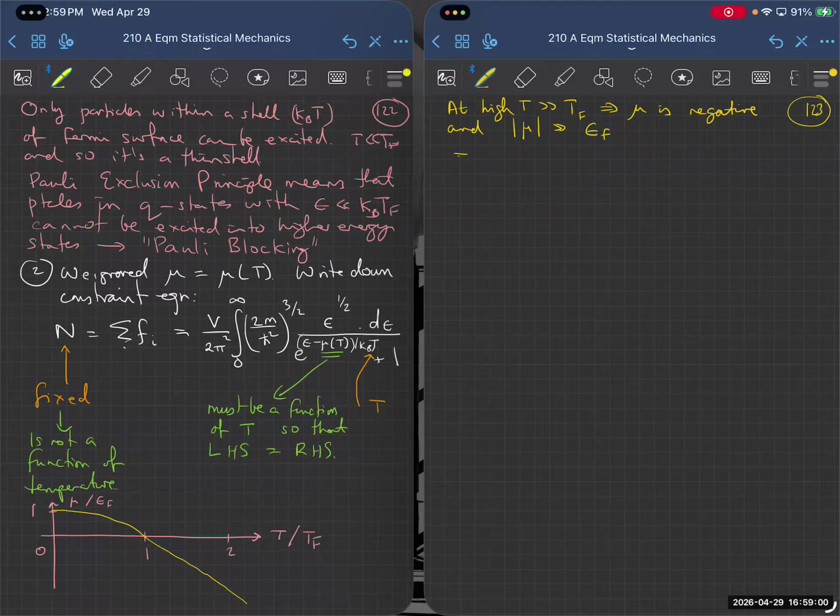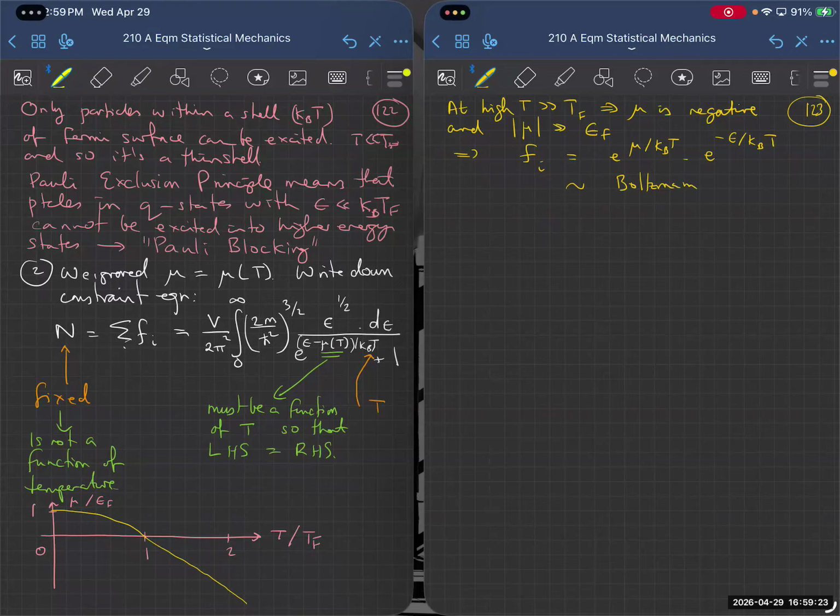Therefore, the Fermi-Dirac distribution looks like e^(mu/kBT) times e^(-epsilon/kBT), and this is roughly like a Boltzmann distribution.